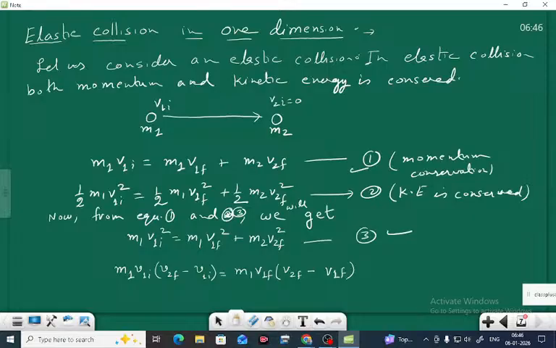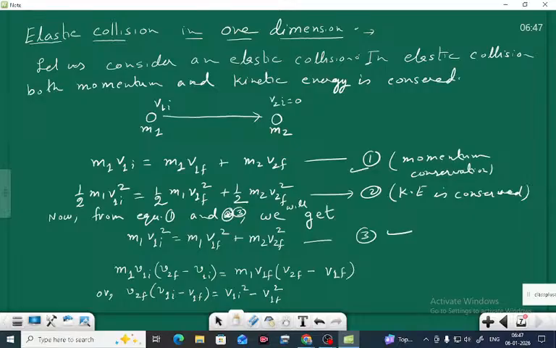Now from this equation we find that, or it can be written as, m1 will cut, or we are getting v2 final into v1 initial minus v1 final is equal to v1 initial square minus v1 final square, right?